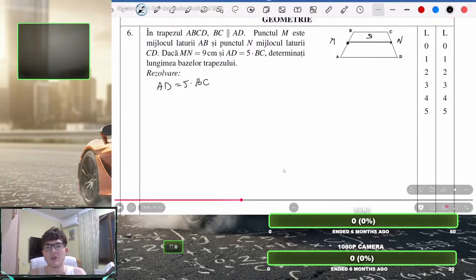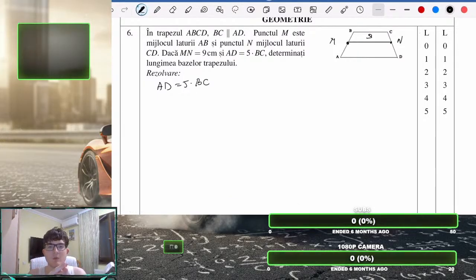Okay, some like the easiest variant of geometry here on the test. I try to do that. So I've got this shape right here, ABCD, goes like this. MN line in the middle, which is equal to 9. AD is 5 times BC.